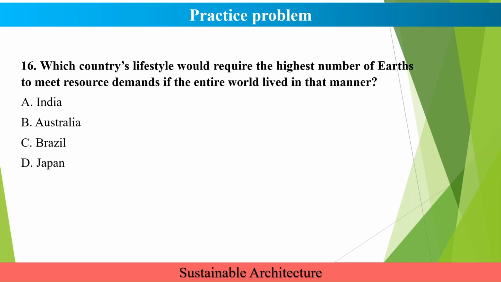For Australia, the Earth impact is around 5.4 Earths required to meet the resources demand due to the high per capita resources consumption. For Australia, it was 5.4, if I am not wrong. Is it clear? Yes, sir. Okay.